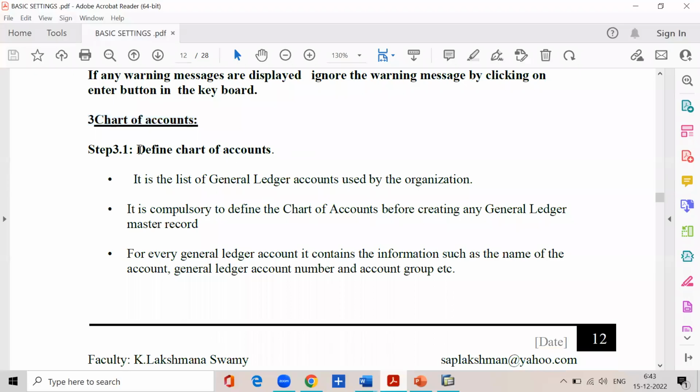Now, define chart of accounts. So what is the chart of accounts? It is the list of general ledger accounts used by the organization or company code, right?